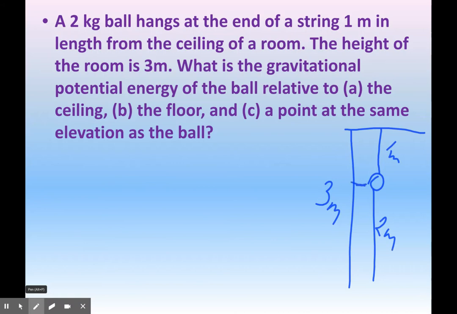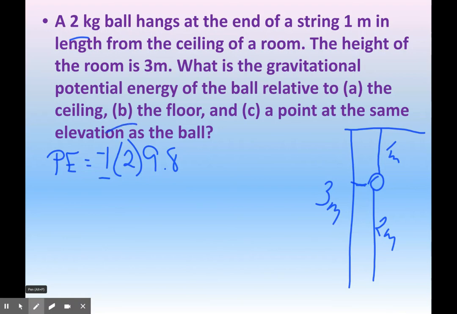Compared to the ceiling, the potential energy is going to be down 1 meter. So if we do m, which would be 2 for our mass, g 9.8, and then our height was that negative 1, so our mgh.